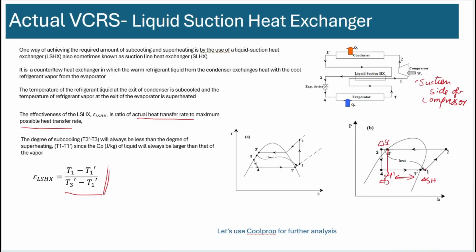So if you can cool your liquid line before it comes into the expansion valve, or sometimes instead of having the cooling here, you'll have a heat exchanger here. It is usually called a capillary suction line heat exchanger.